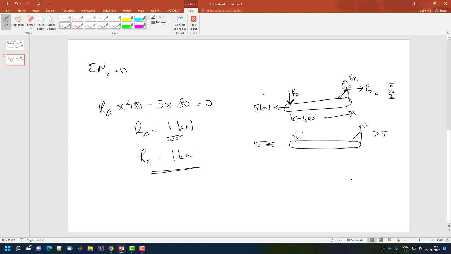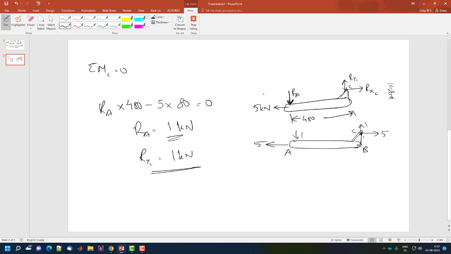So next, we have to move these forces 1 and 5 to this particular point B. So how do we do that? We know that at this particular point C, the forces are 1 and 5.